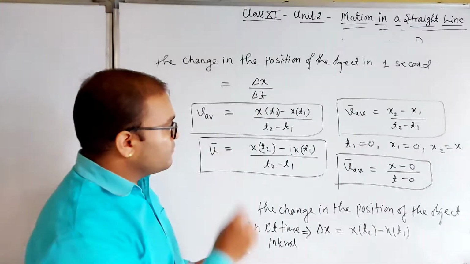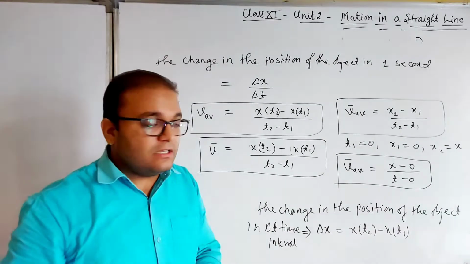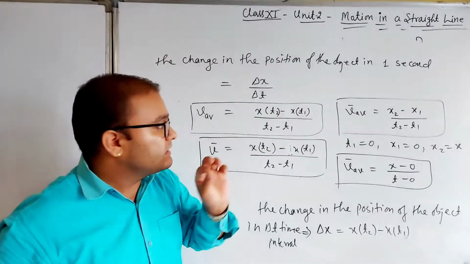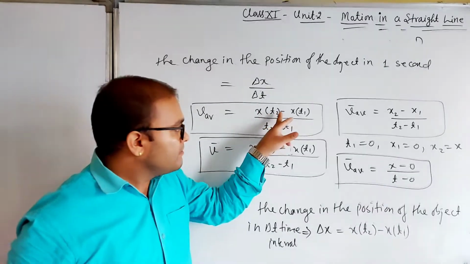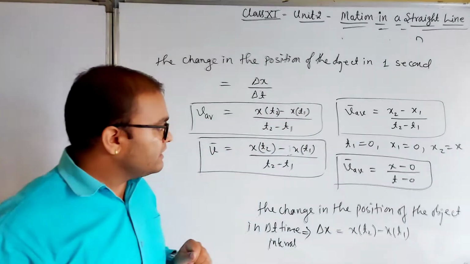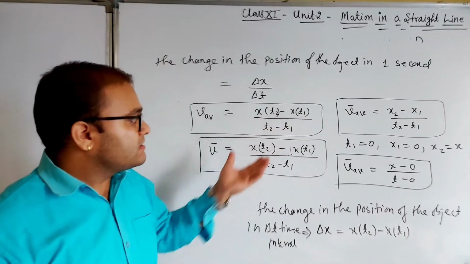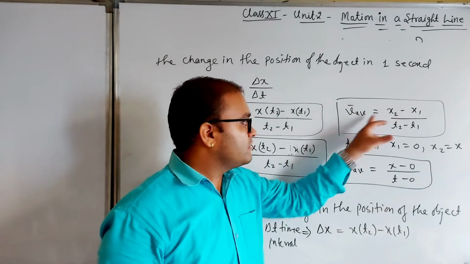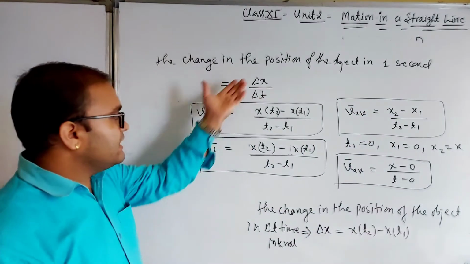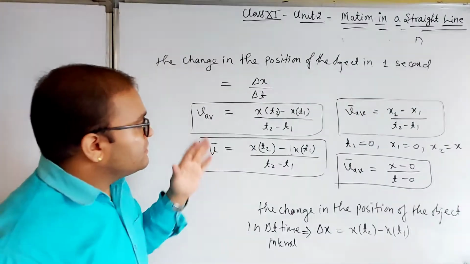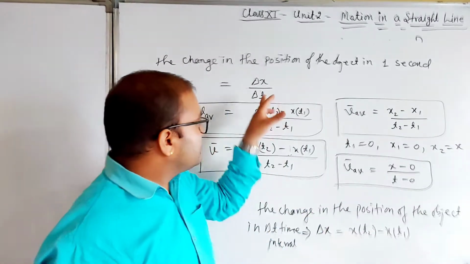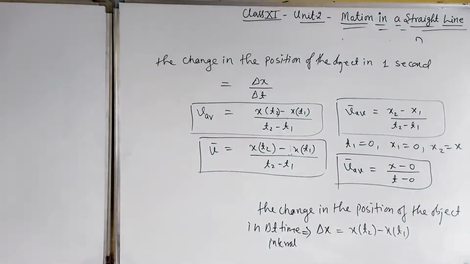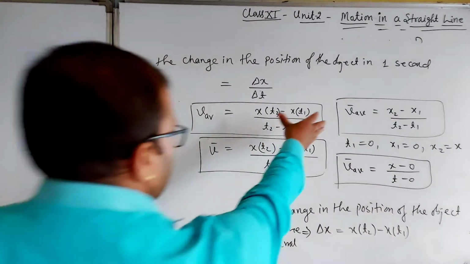So how can we represent the average velocity? The position of the object at time t2, x(t2), minus the position of the object at time t1, upon t2 minus t1, or x2 minus x1 upon t2 minus t1. So this is delta x upon delta t, means the change in the position of the object in the total time interval. That's why it is called the average speed of the object.